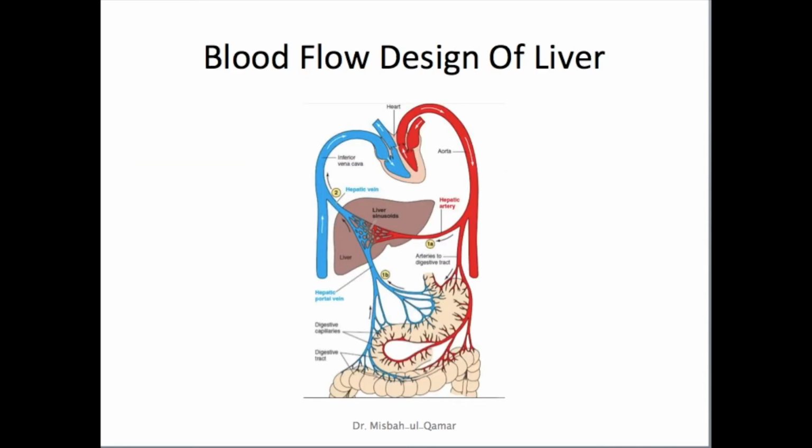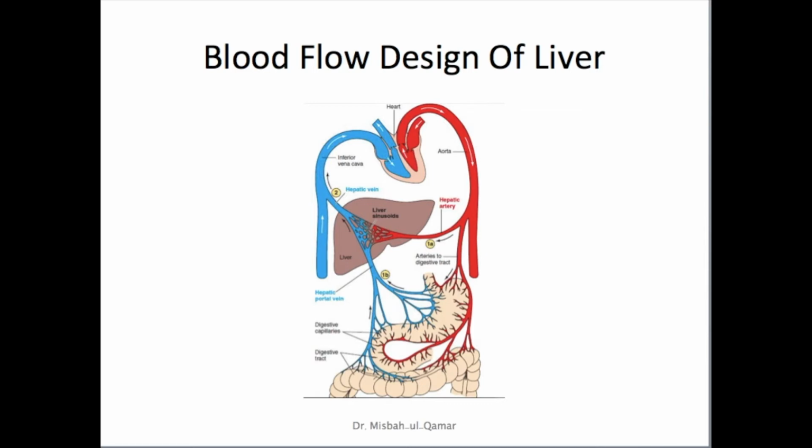Let's now move on to the blood flow design of the liver. You see, the liver receives blood from two sources: arterial blood, which provides the liver's oxygen supply and carries blood-borne metabolites for hepatic processing, and this is delivered by the hepatic artery.